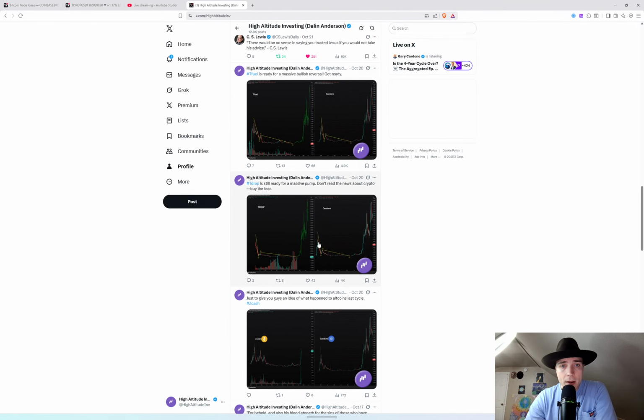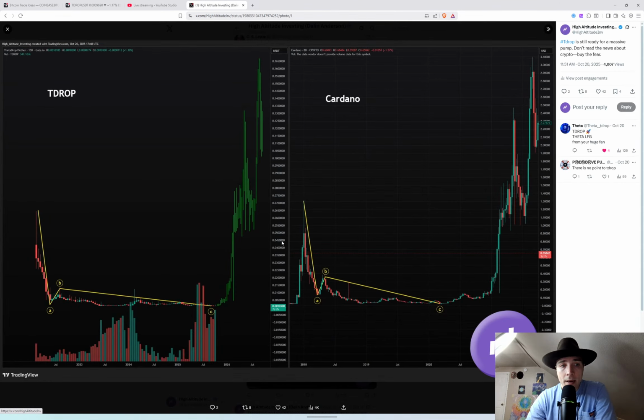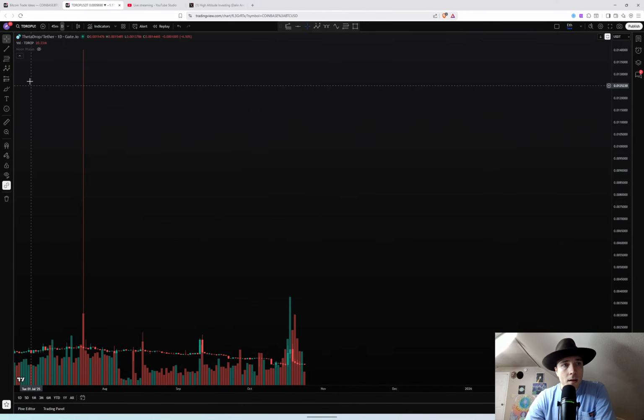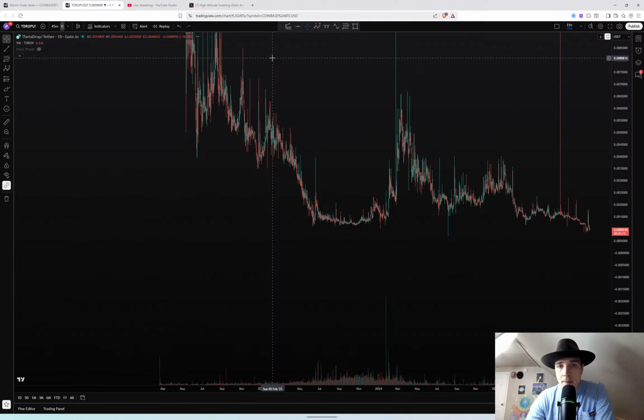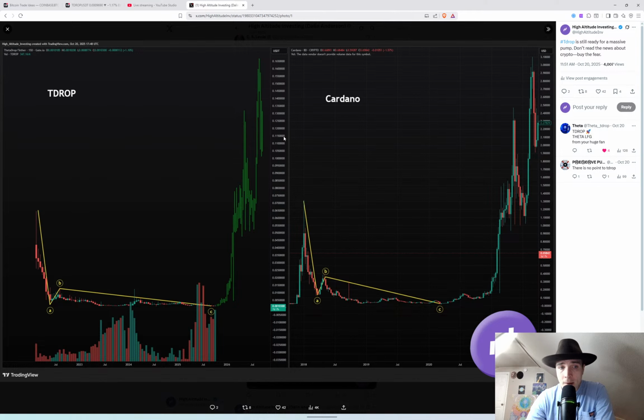And over here I do have a T-Drop update comparing it to Cardano. So if you don't know about the way markets work and the psychology in markets, markets do repeating fractals.